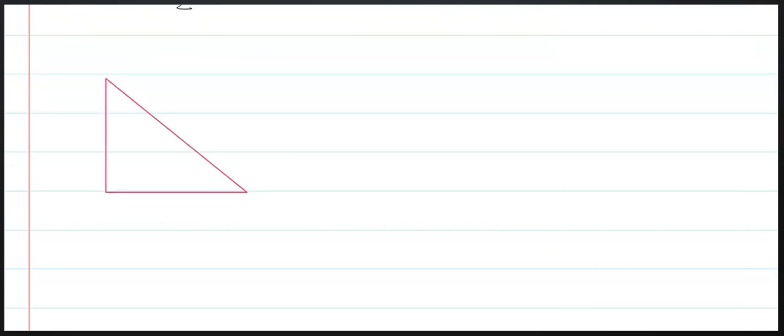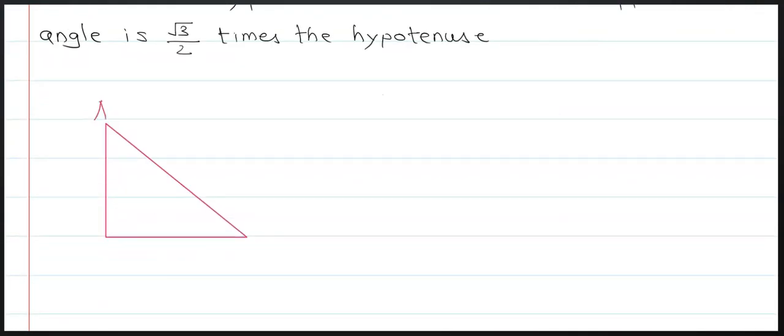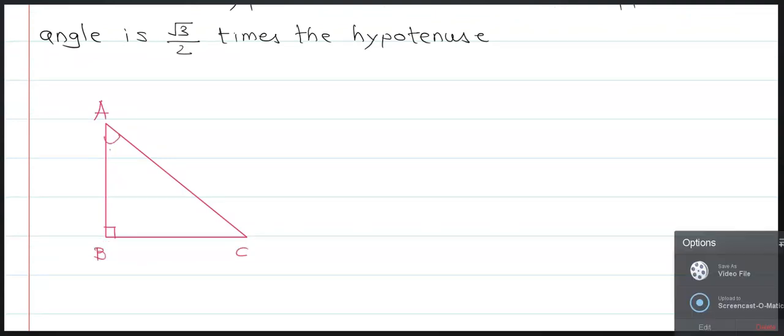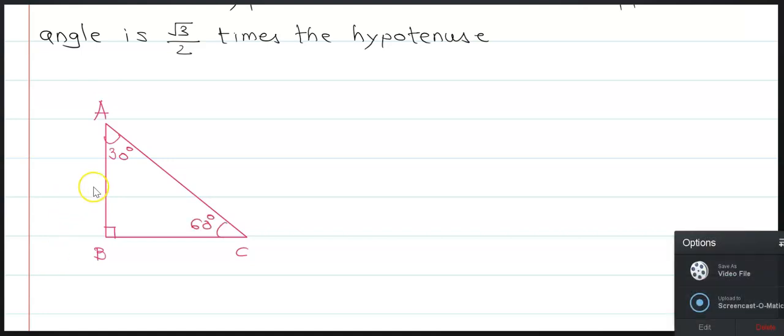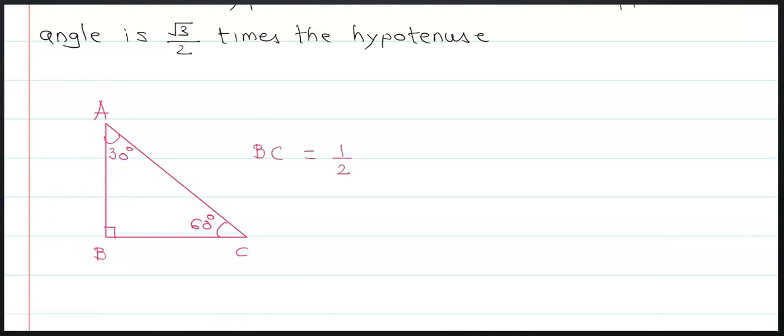Now, see this in this figure. This is triangle ABC. Measure of angle B is equal to 90, measure of angle A is equal to 30, C is 60. Therefore, BC is equal to 1 upon 2 AC, and AB is equal to root 3 upon 2 AC.